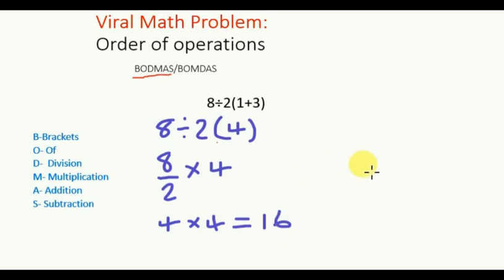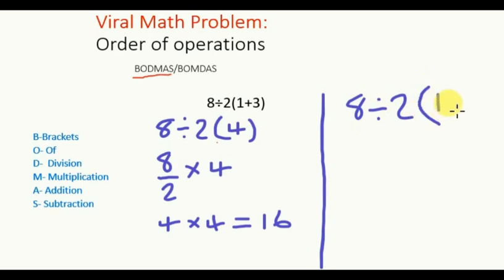Now I am going to use BAMDAS to solve this problem. So the problem is 8 divided by 2. In bracket we have 1 plus 3. Alright, so we're going to use BAMDAS now. So 8 divided by 2, and as usual we work out what is in the bracket first. So 1 plus 3 is 4.